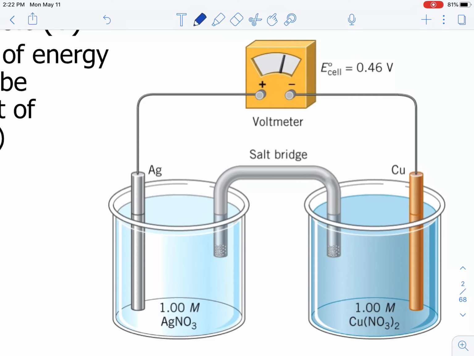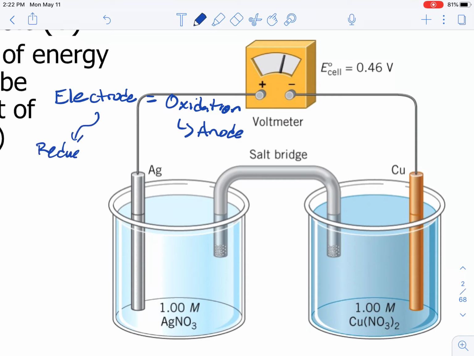The electrode that is going to undergo oxidation is known as the anode. And the electrode that's going to undergo reduction is going to be called a cathode.